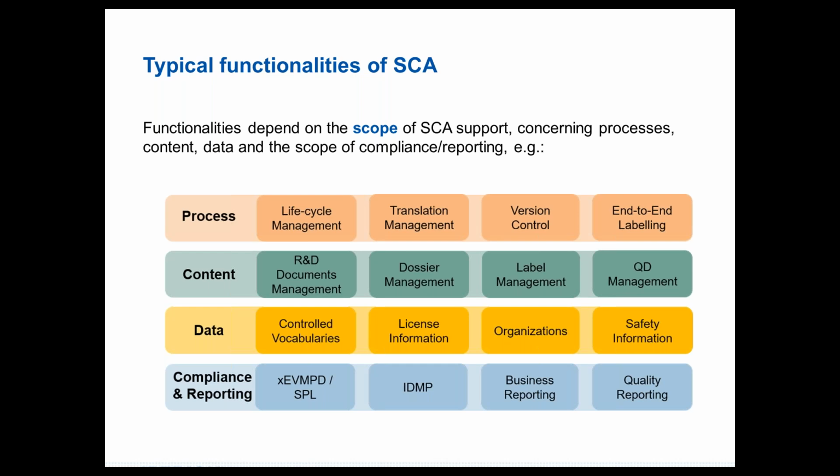If we look from a data perspective, we've mentioned controlled vocabularies, and it has a lot of power if you can use controlled vocabularies in your environment, because you can make sure that you use the common values, which also from a reporting point of view will give you a lot of benefit. The actual information on your licenses, which is really important, as this is a key asset to your organization.